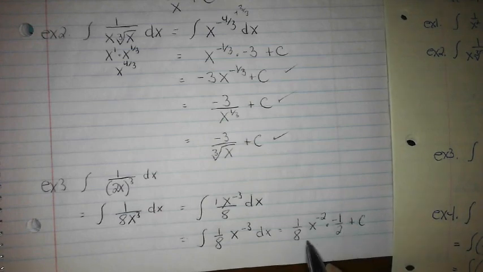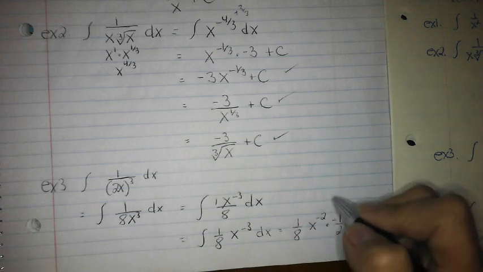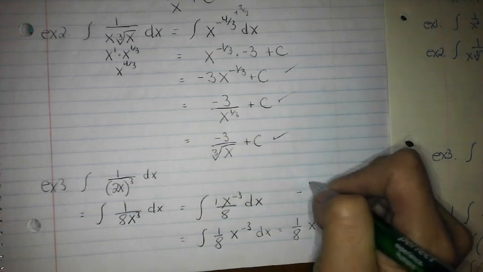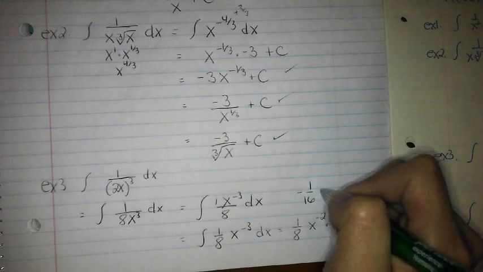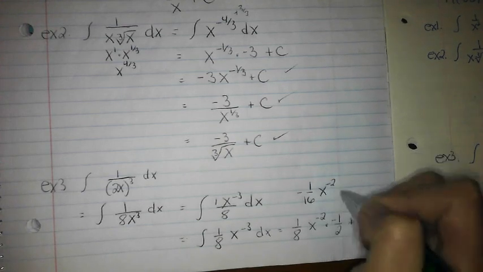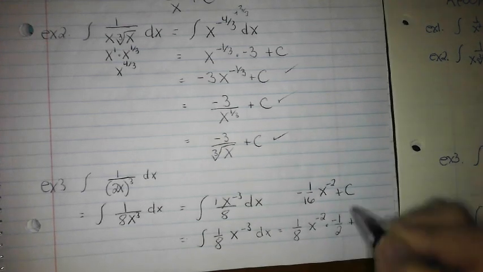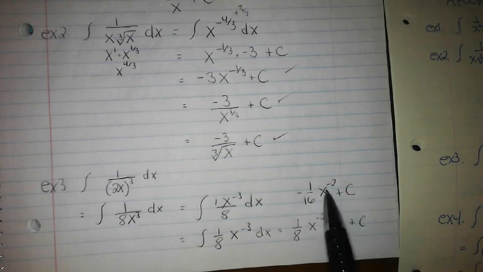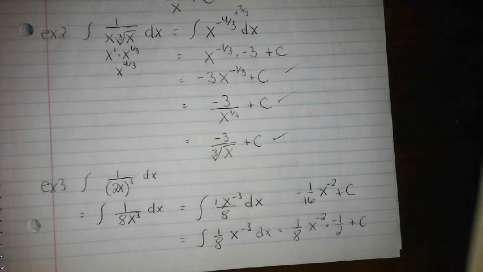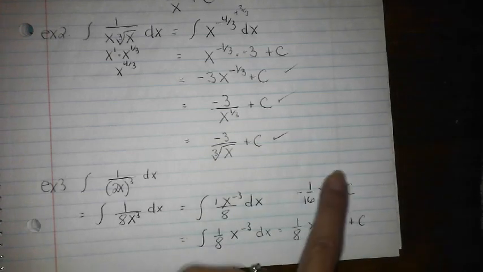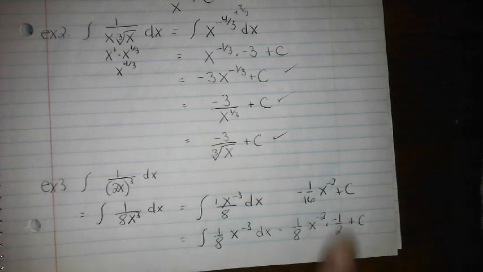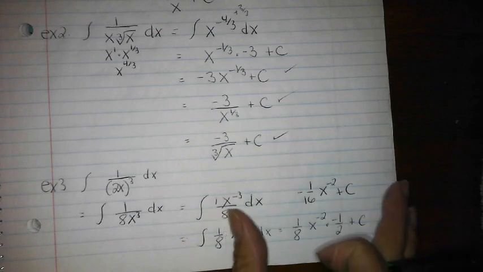Simplifying, I'll have a negative 1/16 x to the negative 2 plus c. I'm not going to take the time to put that in the bottom. I think you got the idea on the last couple that there's other versions of this answer with positive exponents. All right, where am I at? That was 3. Here we go, 4.